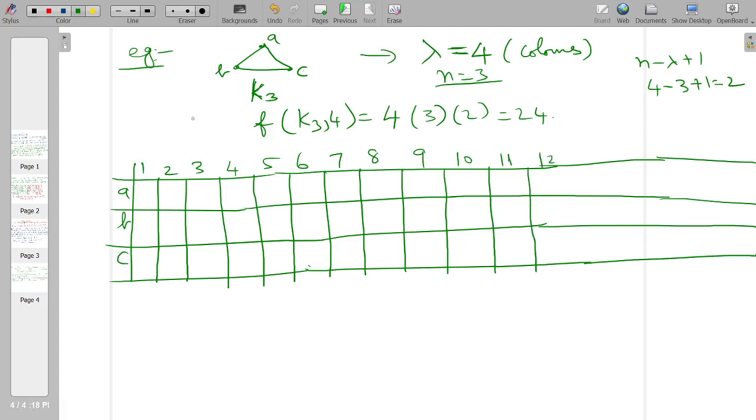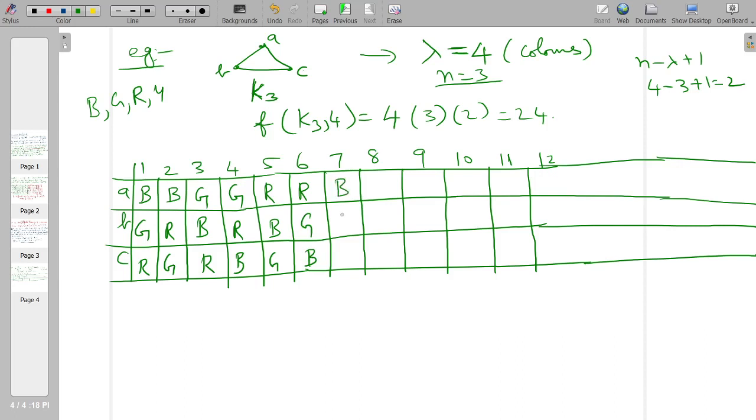Suppose I will use blue, green, red, yellow. Blue, green, red; blue, red, green; green, blue, red; green, red, blue; red, blue, green; red, green, blue.